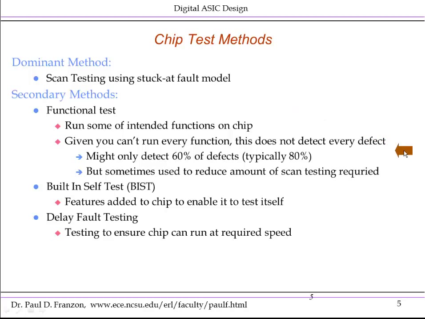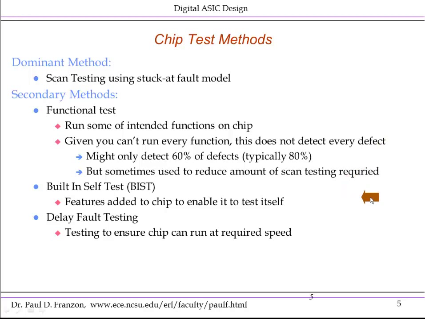The reason is you can't run every function and every combination of functions that the chip has to support. So it typically detects about 60 to 80% of defects. However, it can be useful to find some aspects of the design that don't have to go through scan testing, or to reduce the number of scan test vectors that have to be applied.